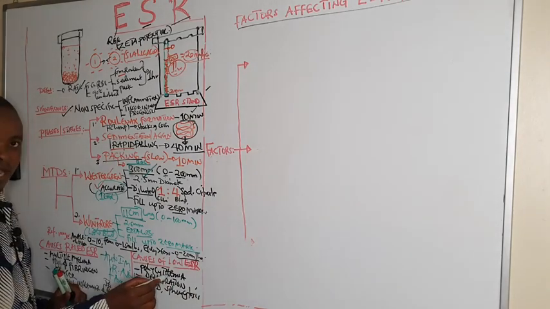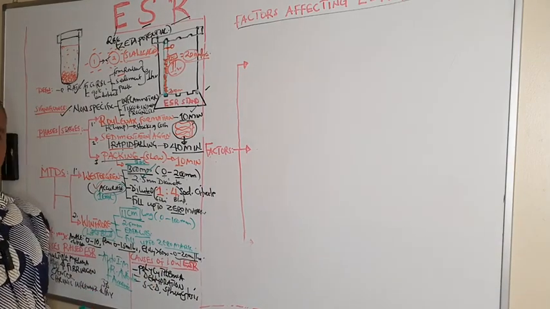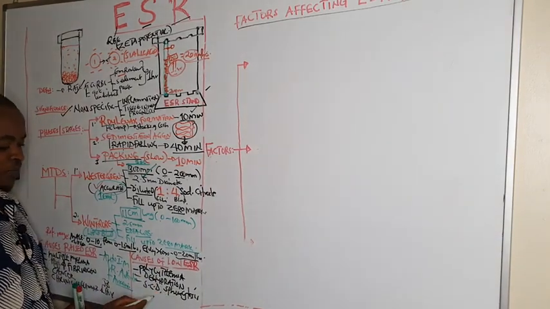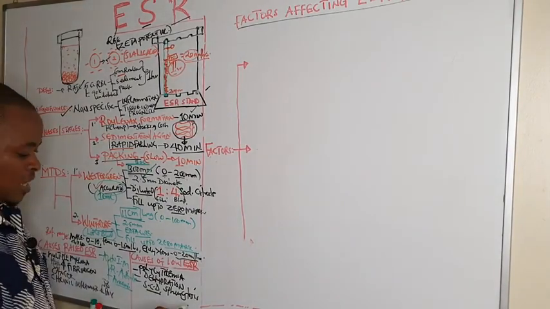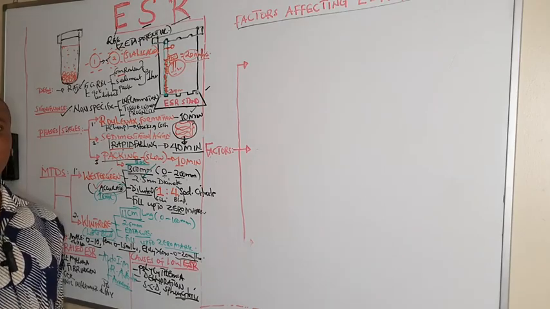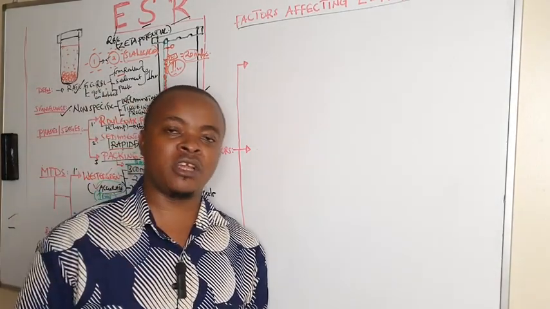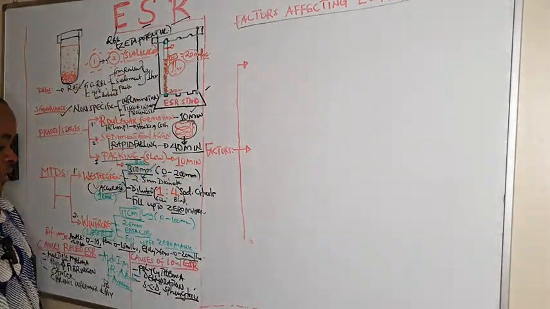So polycythemia, dehydration, sickle cell disease, and hereditary spherocytosis cause falsely low ESR results.